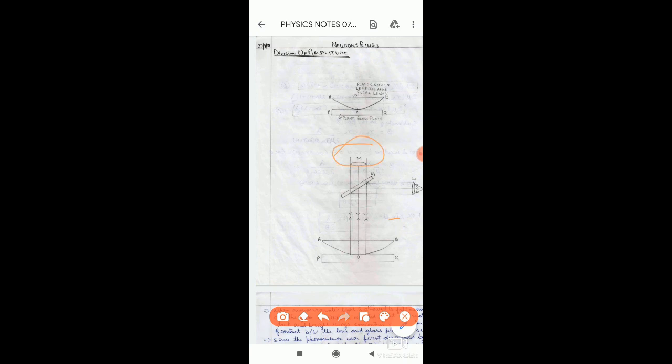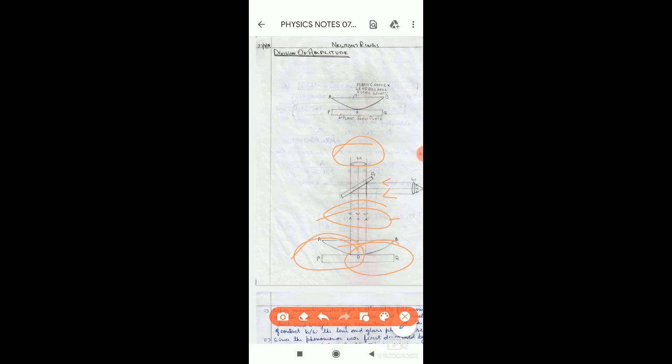Here is a microscope from which we can easily observe the interference between these two rays. These rays are developed by division of amplitude, and the splitting is done by the two surfaces AOP and BOQ. These wedge-shaped thin films are responsible for the split of the incident rays as shown in the figure.